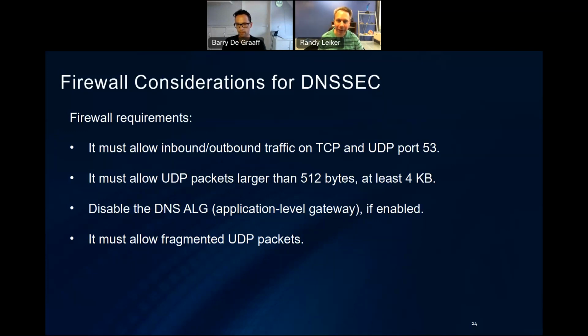And finally, if you have fragmentation of UDP packets disabled on your firewall, you need to enable it. Because of the larger DNSSEC packet sizes, these packets are often broken into multiple parts, and having fragmentation disabled will cause packets to be dropped, thereby breaking your DNSSEC implementation. So any earlier advice you may have received about disabling fragmentation is often well-meaning, but unfortunately misguided, as this has never really offered any real-world security benefit.